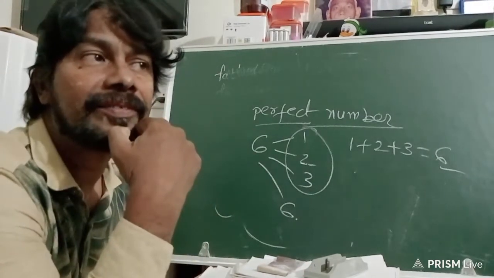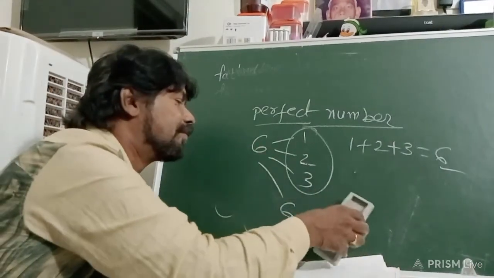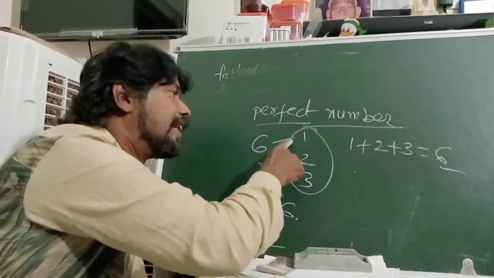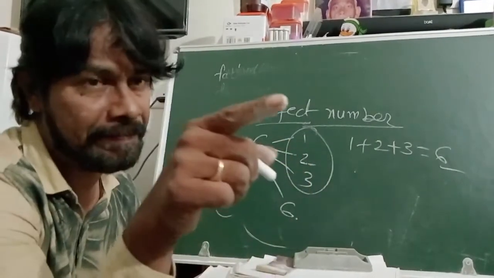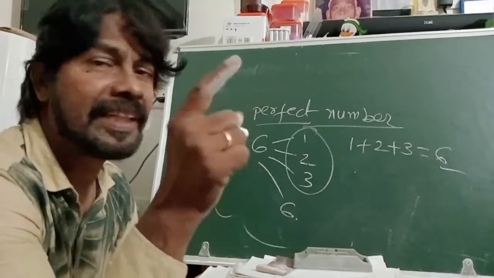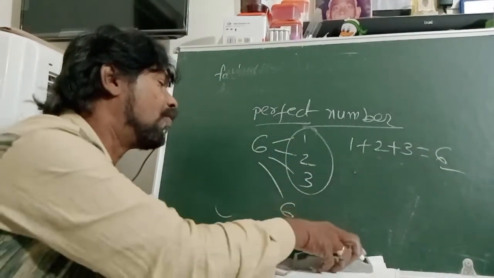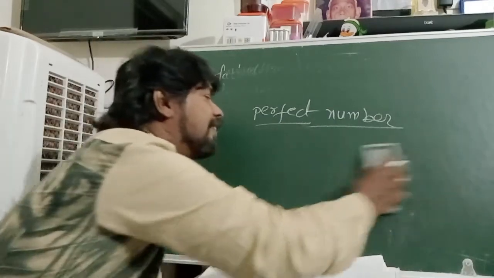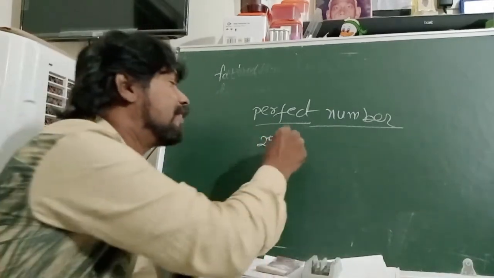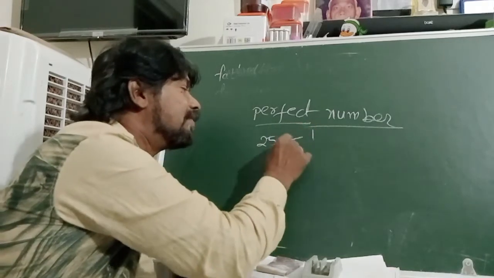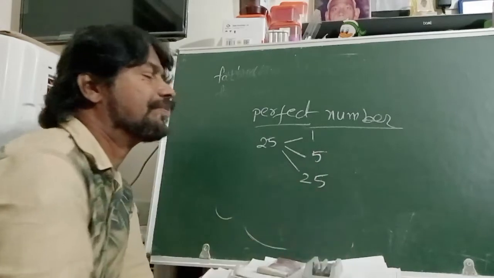Suppose we take 25. Factors of 25 are 1, 5, 25.